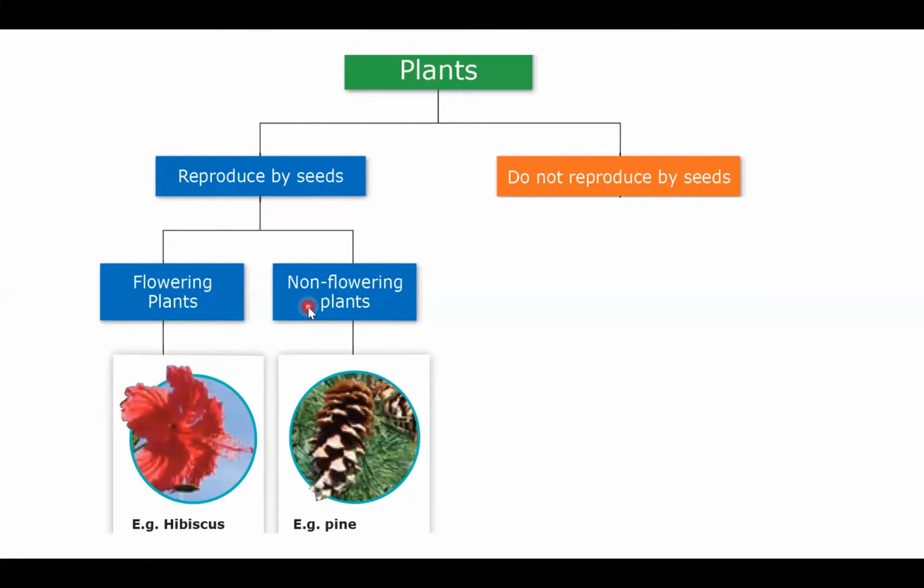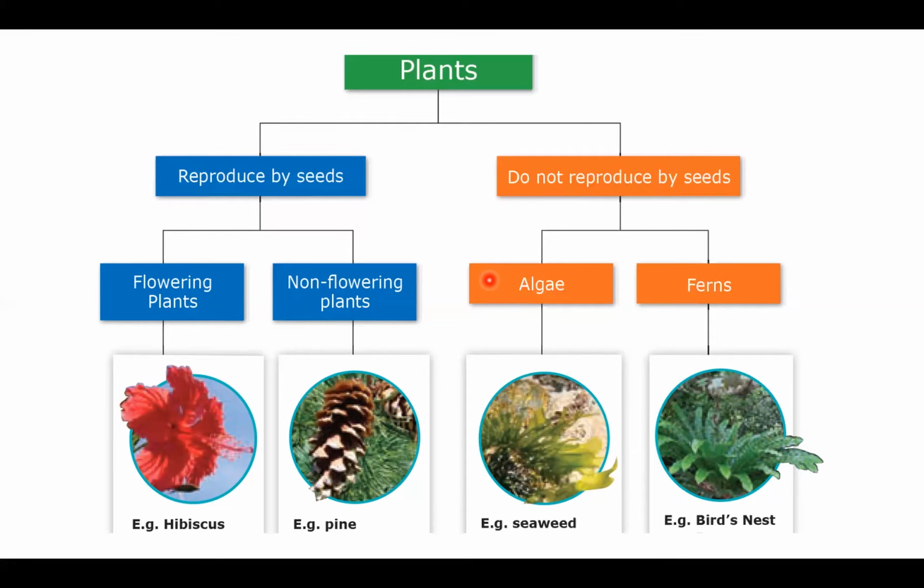Plants that do not reproduce by seeds are also divided into 2 groups: algae and ferns. An example of a plant in the algae group is the seaweed, and an example of a plant in the ferns group is the bird nest fern.